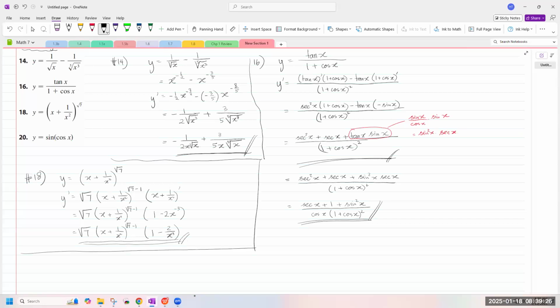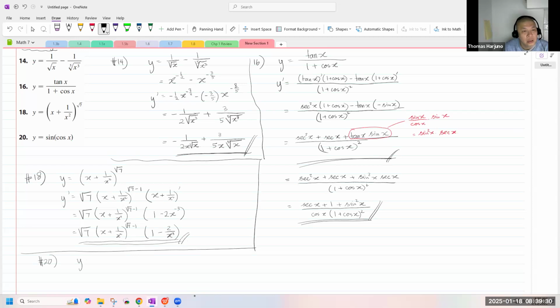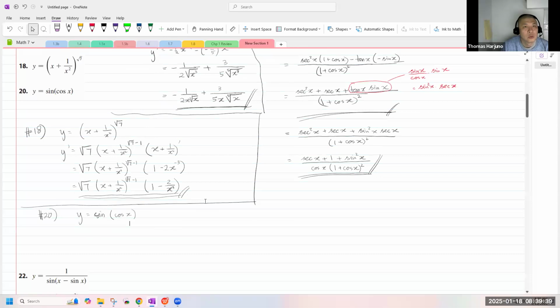Number 20. I think this is actually on the easy side. y equals sine of cosine x. So what is y prime? We see this as sine u, right? The derivative of sine u is cosine u times the derivative of u, in this case the derivative of cosine, which is negative sine.